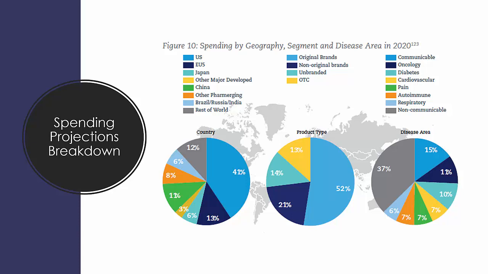Then you've got communicable diseases or contagious diseases at 15%, followed by oncology, which basically means cancer treatments and cancer-based drugs at 11%, diabetes at 10%, and cardiovascular then at 7%. Those are the major disease areas in terms of spending.